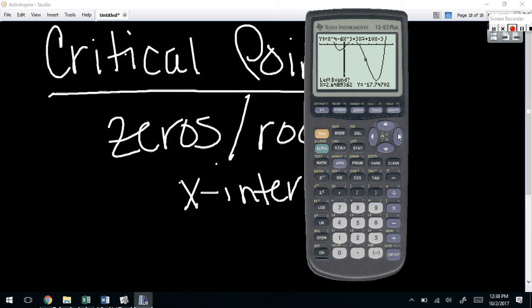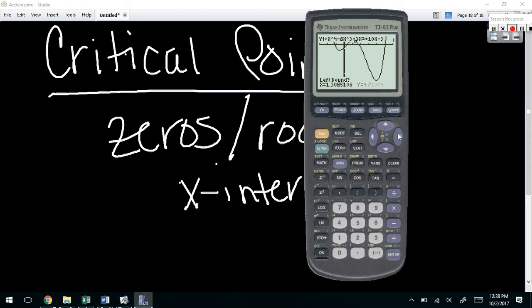I'm fixing to show you. All right, now, notice it's asking me left bound. That is saying go to the point you're trying to find, and then go to the left of it. What the TI makes you do is give it a range. So I'm going to pick this far left point.